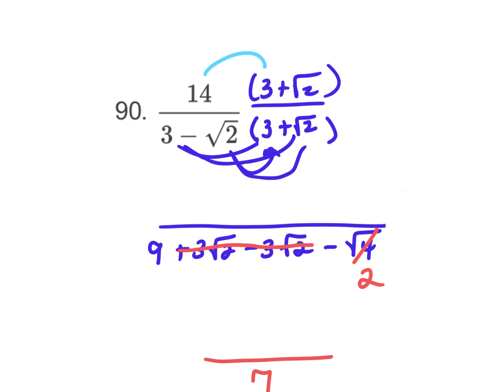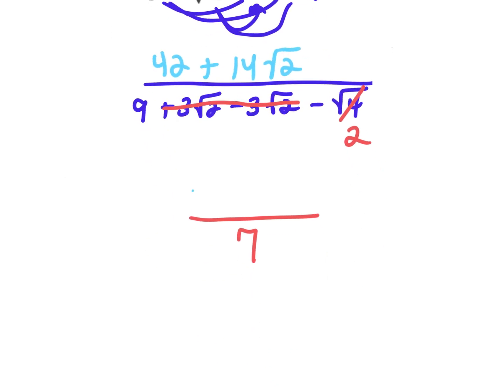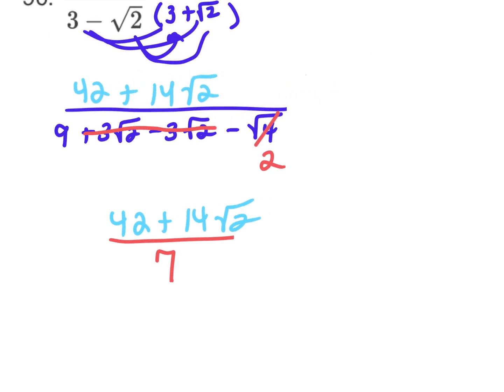14 times 3 is 42, plus 14 times root 2 is 14 square root of 2. So this becomes 42 plus 14 square root of 2. When you simplify, you've got to make sure you do this completely.